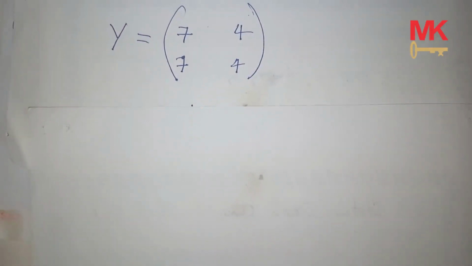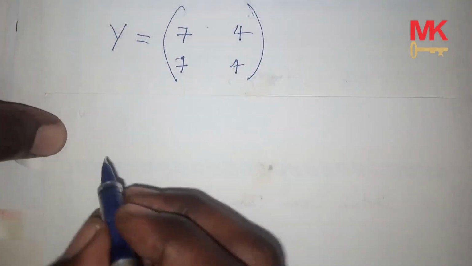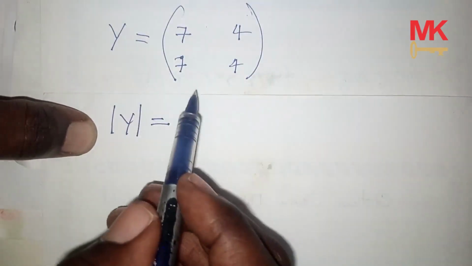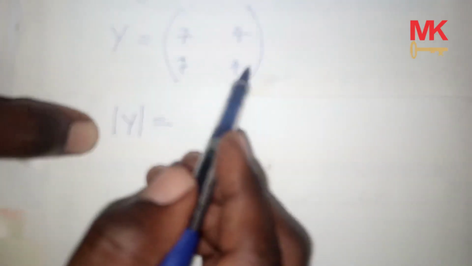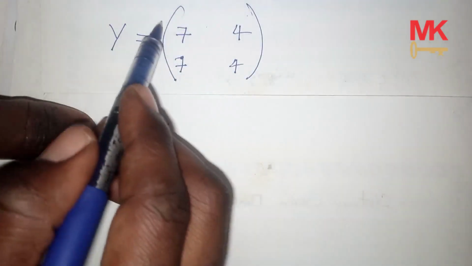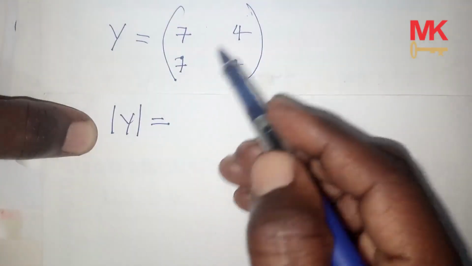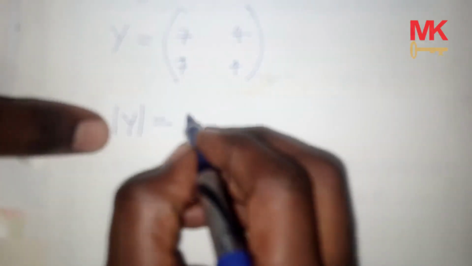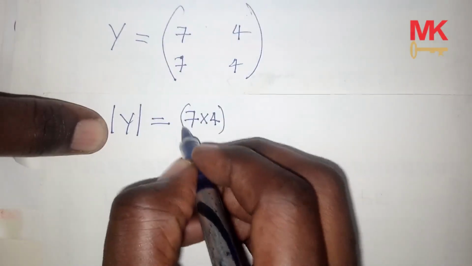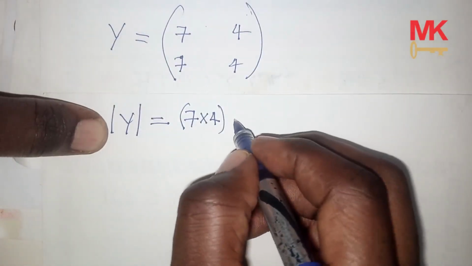So the determinant of this matrix Y is just calculated by doing this times this, the leading diagonal, minus the trailing diagonal. So 7 times 4. We're going to talk about calculating the determinant of a matrix later, maybe in this lesson if we do well with time.